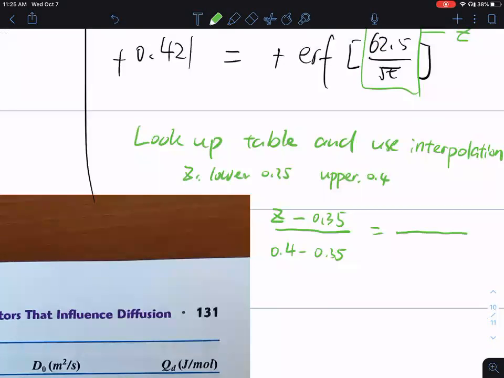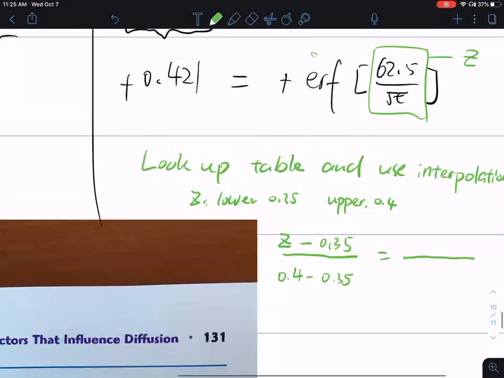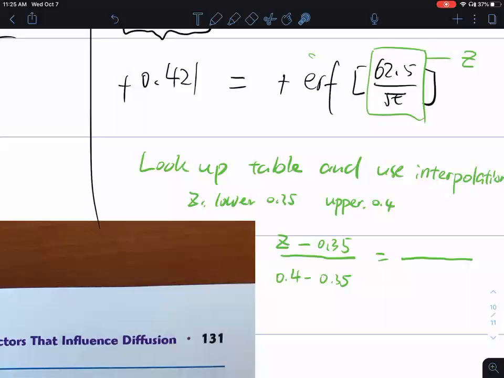On our right-hand side of the equation, we use the values from the error function. Same deal. What is the corresponding value of the error function for our z? That's what we have up here. The corresponding error function value of z is 0.421.